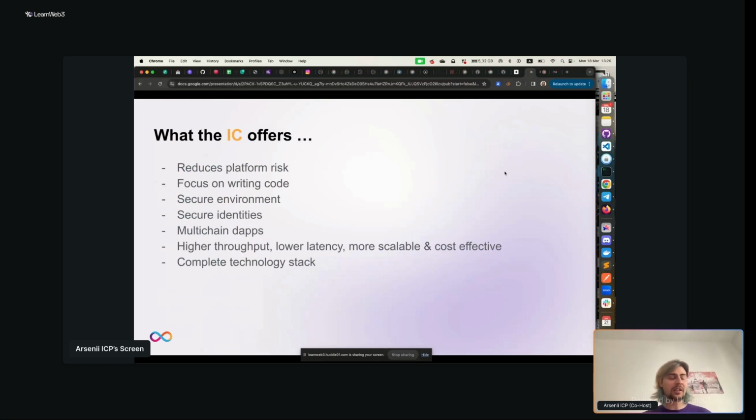I already have 10 years of experience in software and 6 years in Web3, and the experience of moving to ICP was one of the most similar compared with, for example, Solana. Secure identity, multi-chain jobs with some limitation, of course, but we allow us to do this. And a complete technology stack because we use Rust and others.